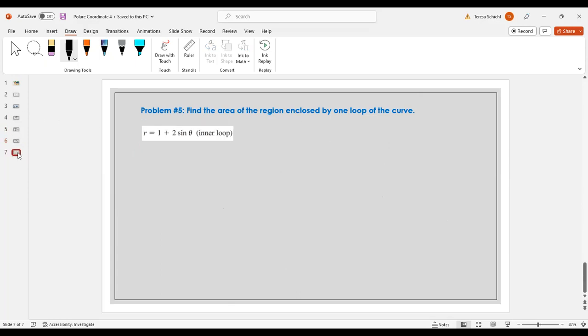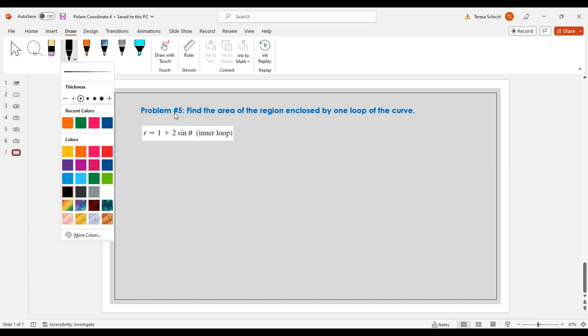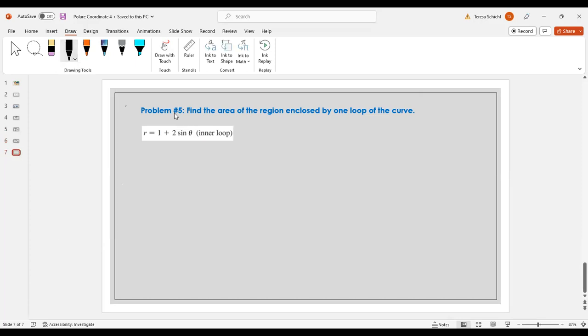Now let's take a look at the last one. This one is a little bit hard. We said r equals 1 plus 2 sine theta, and I want to find the inner loop here. Like we did before, the best way is to do a Cartesian graph.